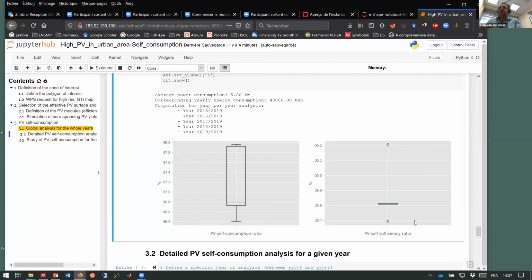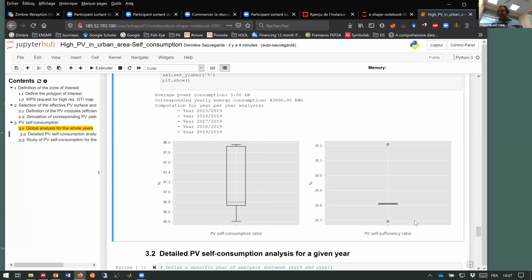And my PV self-sufficiency ratio is the amount of energy I have been provided from the PV system compared to the full energy consumption. Okay, so it's very stable as well. It means that 30% of the energy I consume in 1 year has been provided by my PV system.